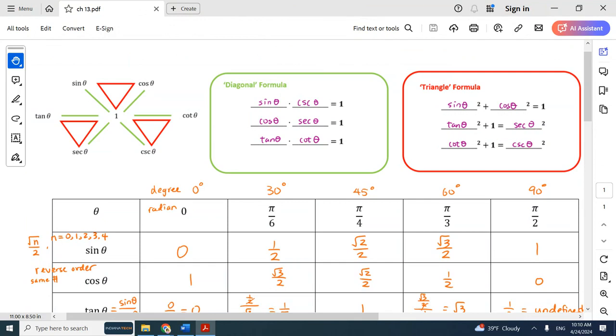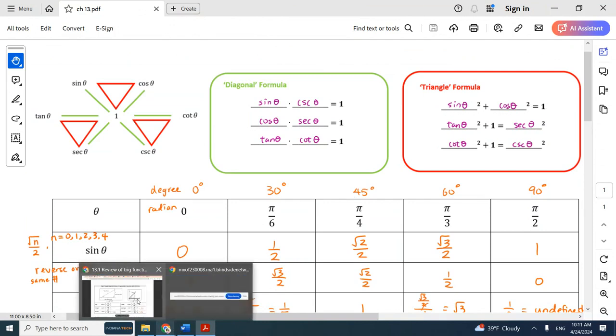And then we have 3 diagonals. The product of the 2 ends equals the middle one. Therefore, sine times cosecant is 1. Secant times cosine is 1. And tangent times cotangent is also 1. Right, everybody? And there are 3 upside down triangles. The sum of the squares of the upper 2 vertices equals the square of the bottom one. That's why you get those triangle formulas.